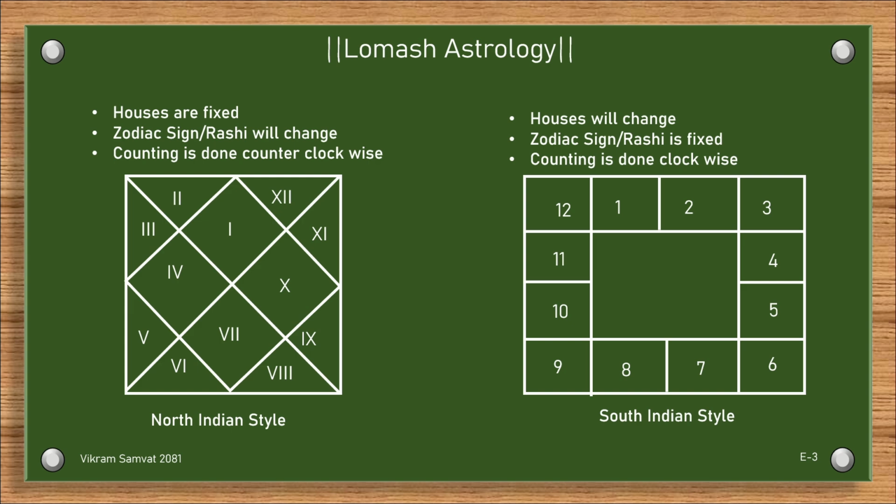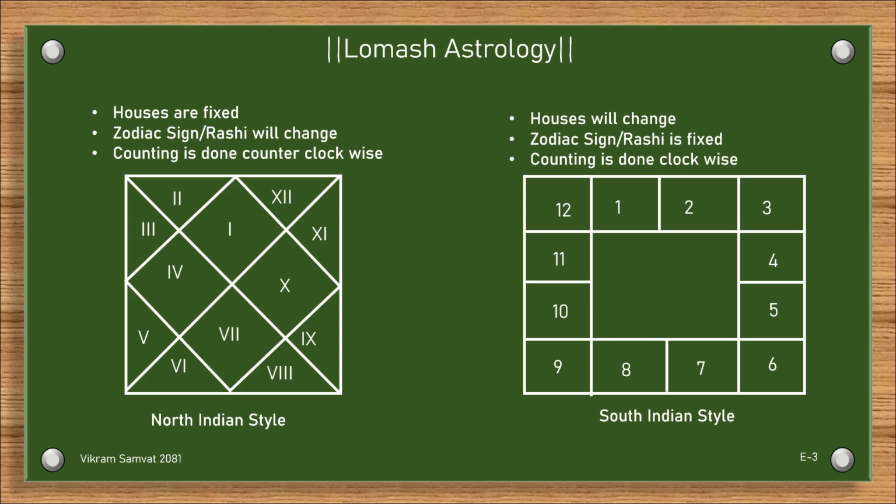Whereas on the other side, the South Indian style of birth chart will have zodiac signs fixed. So wherever you see numbers 1, 2, 3, 4, 5, 6, 7, 8, 9, 10, 11, 12 written, these are zodiac signs. Now the houses will change. How will that work?